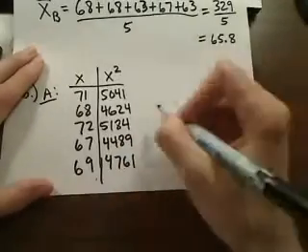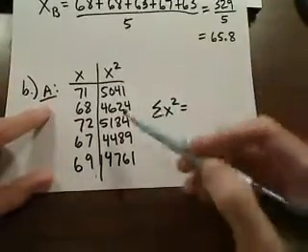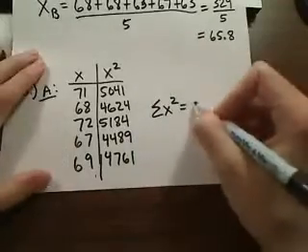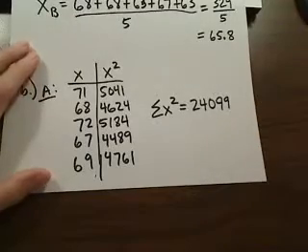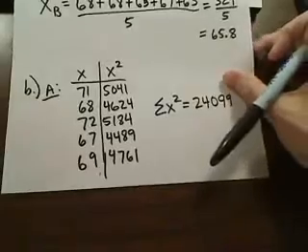Okay, so the sum of the x squareds then for this sample set A is just going to be summing this column right here. And when you do that, you're going to get 24,099. Okay.